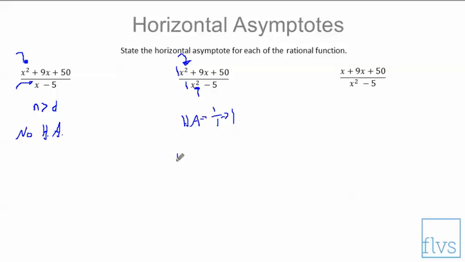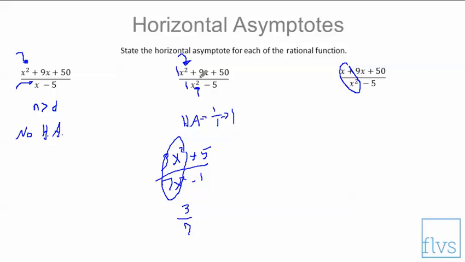To do a quick example, let's do 3x squared plus 5 over 7x squared minus 1. Again, my exponents here are the same, so my horizontal asymptote would just be 3 over 7. And then in this last one, I've got x over x squared, so they're not the same.